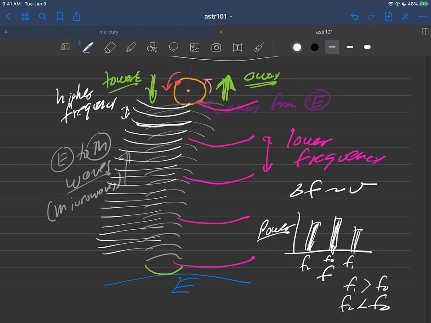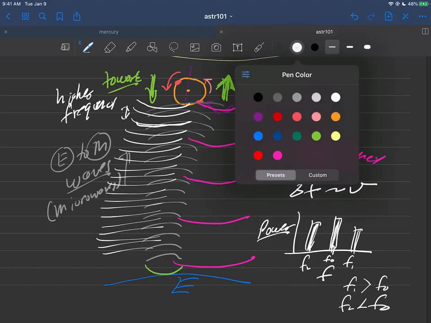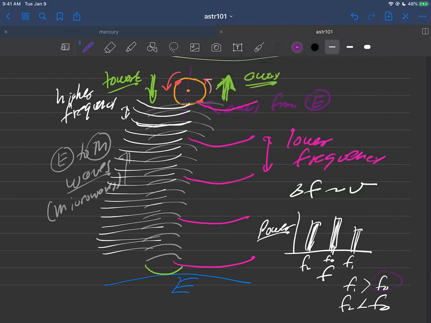So the F1 that is bigger, the higher frequency, well, that's going to correspond to the Doppler effect back towards the Earth, and the F2 that's less, well, that's going to occur for the waves that had the Doppler effect for the side of Mercury that is rotating away from the Earth.